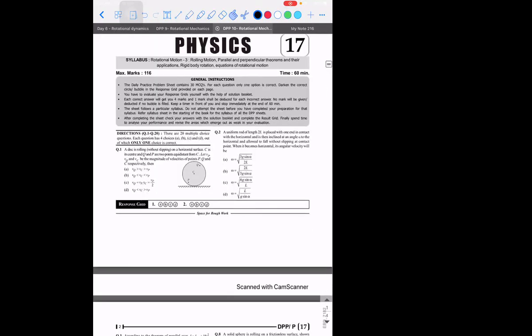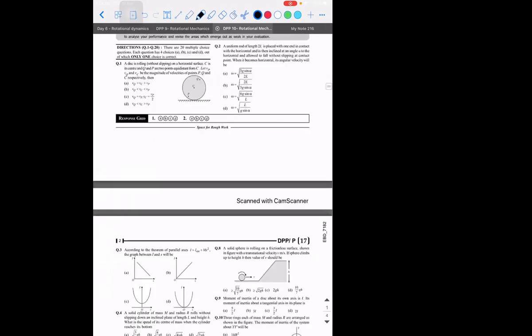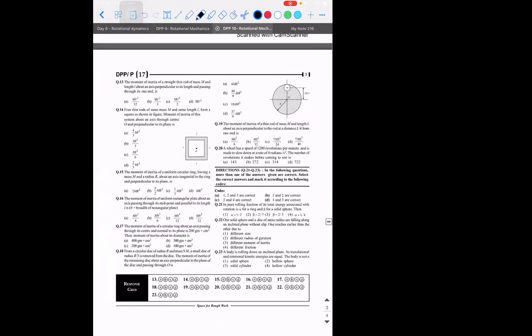So rolling motion, parallel and perpendicular axis theorem and their application, and rigid body rotation and equations of rotational motion. It's a combination of everything. Okay, we'll do it tomorrow. Then in one more class, we will do previous year questions because this chapter is very important. Then we'll go to the next one.